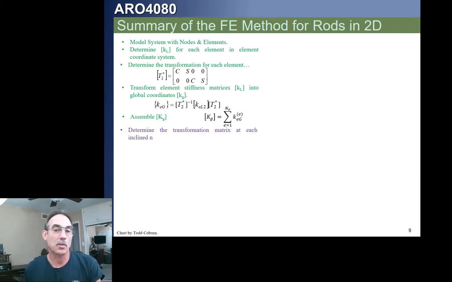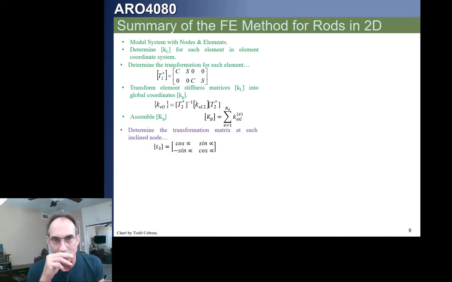Here's where we start to insert new ideas. We're then going to calculate our transformation matrix at each inclined node. So in our previous example, T for node 1 was just the identity matrix. T for node 2 was just the identity matrix because neither was inclined. Node 3 was inclined, so using the angle of the inclination alpha, we calculate the transformation matrix for node 3.